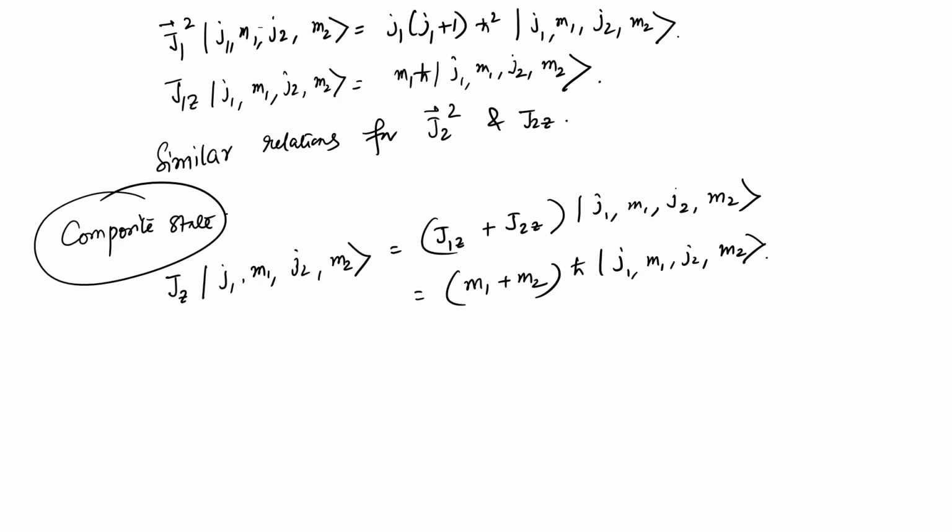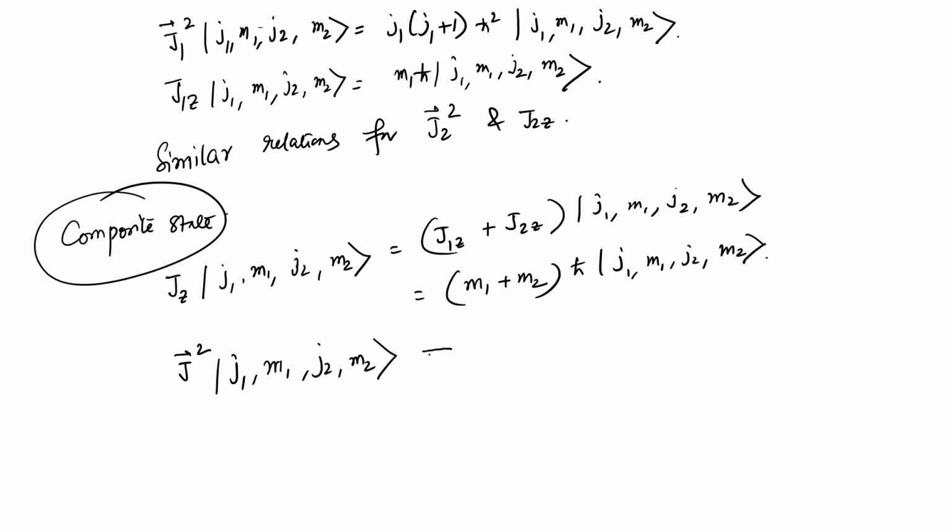Okay. And now, you can also write J square acting on these states, J1 M1 and J2 M2.